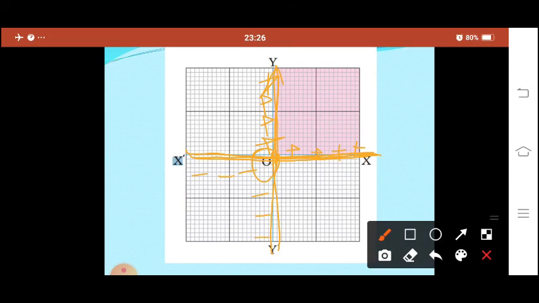That means when we do the time and distance graph, it will always be in the positive region. Why? Because time cannot be negative, because time always moves forward. So after 5 seconds, after 4 seconds, how much distance is it covering. So distance will be positive as well as time will be positive.